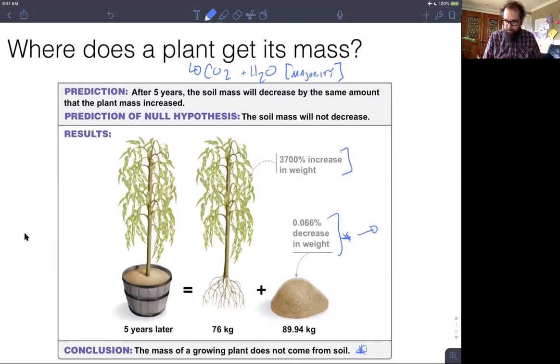This 0.066% decrease in the weight of the soil is actually the essential nutrients that are in the soil, taken up with the water in the soil. So these are the essential nutrients that are lost from the soil and added to the plant.